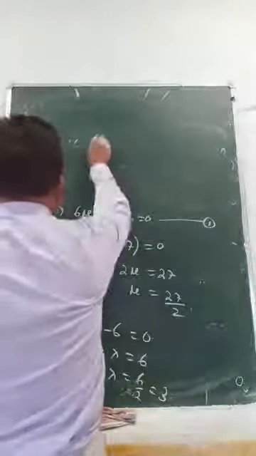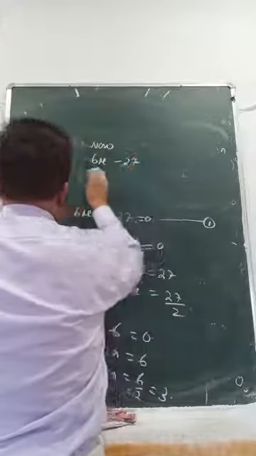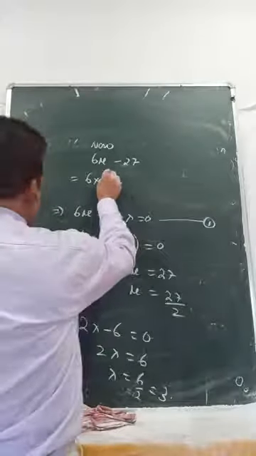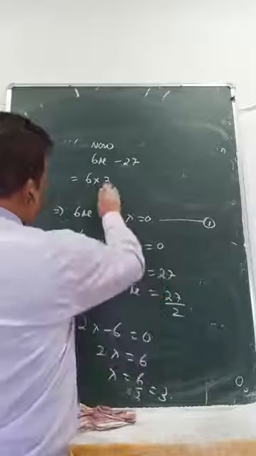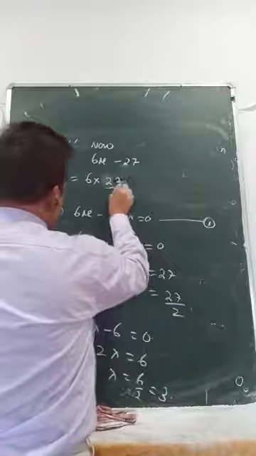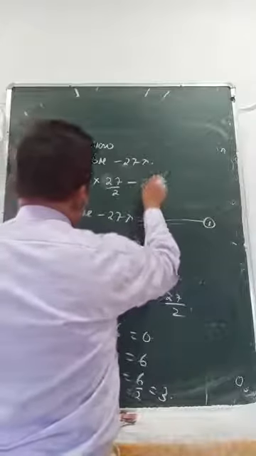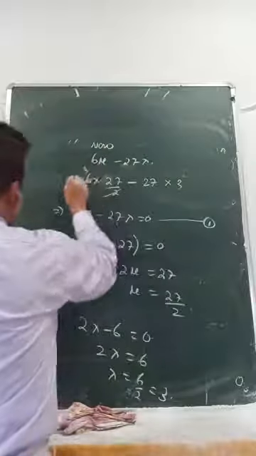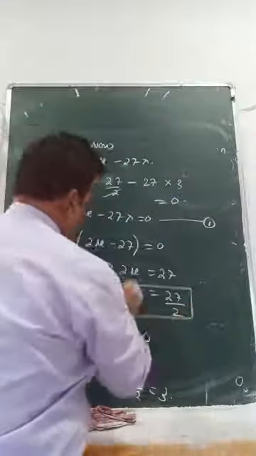So now 6 mu minus 27 lambda: mu is 27 by 2, lambda is 3. Is it coming the same or not? So that is 0. Therefore, this is the value.